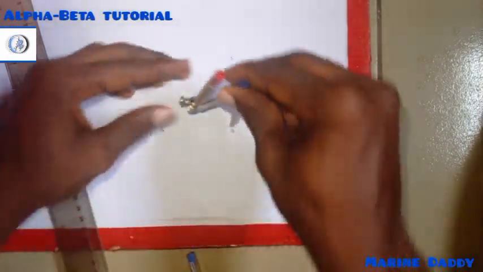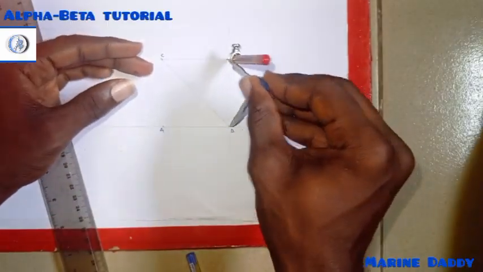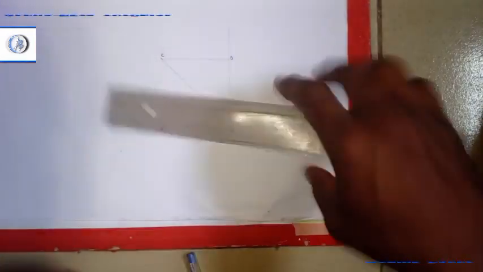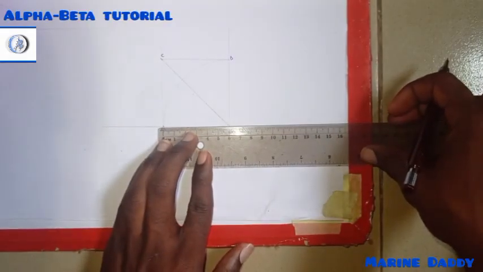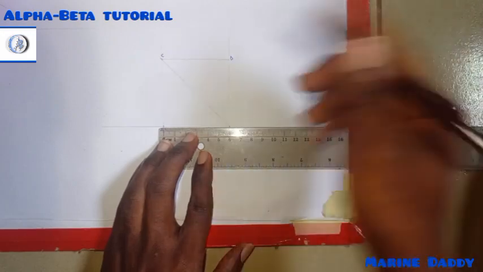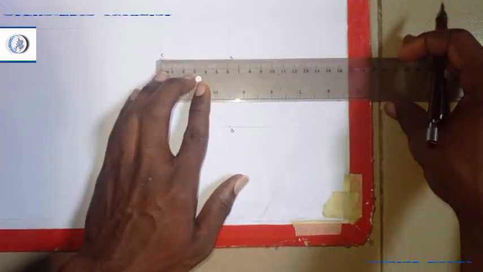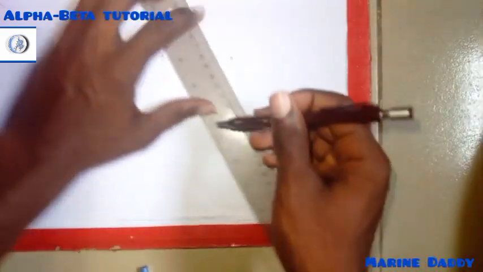Place at B. Open it to A. Draw to meet D. After doing this, I'll get the middle. The middle is going to be 3, obviously, right? I'll come here, measure 3. Then I'll draw.